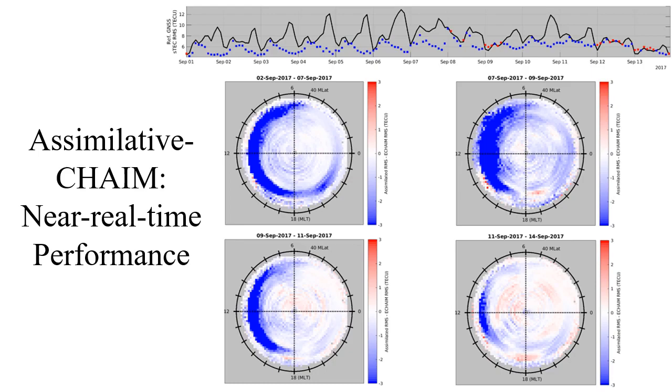As the storm begins, you can see further improvement upon the background model by the assimilation system. And then in the recovery phase, we start to see still improvement around this noon sector at subauroral latitudes, but in general, we start to converge to the background model. And if you notice at the top here, you start to see a little bit of red towards this post-storm period.